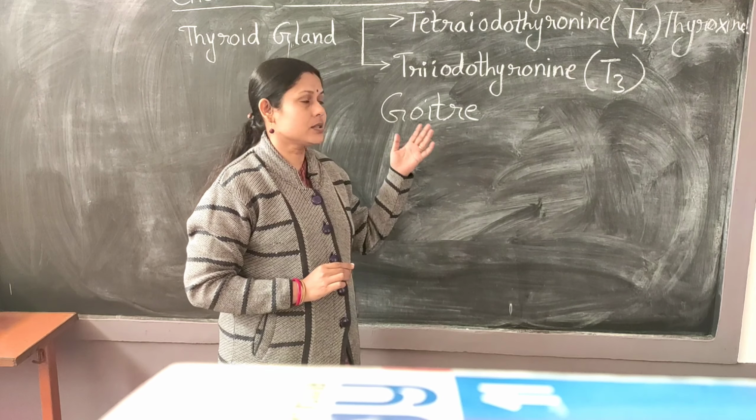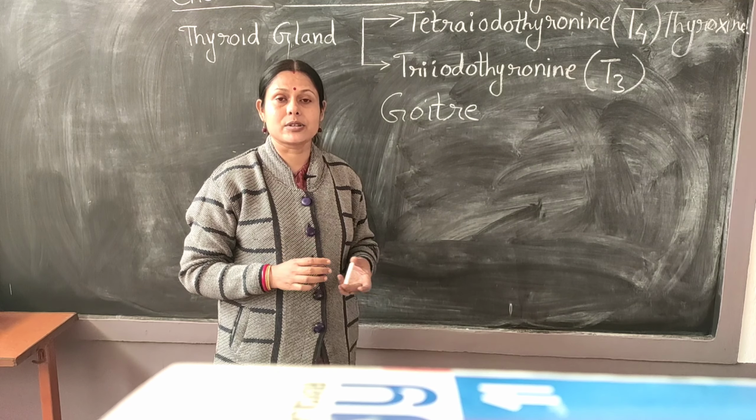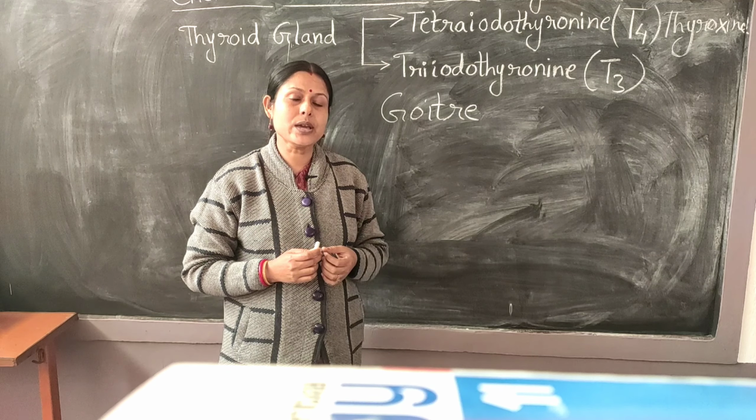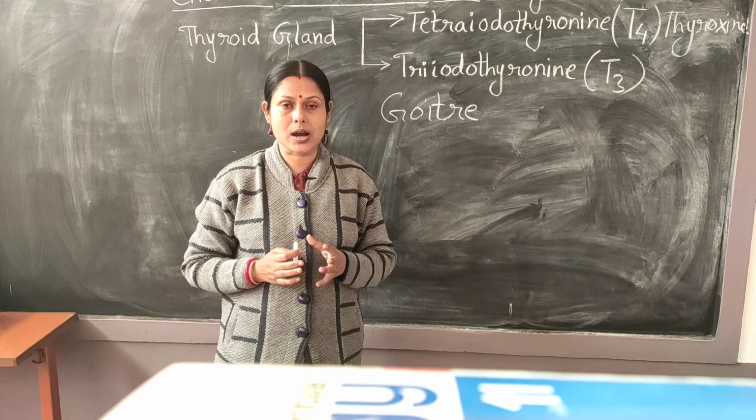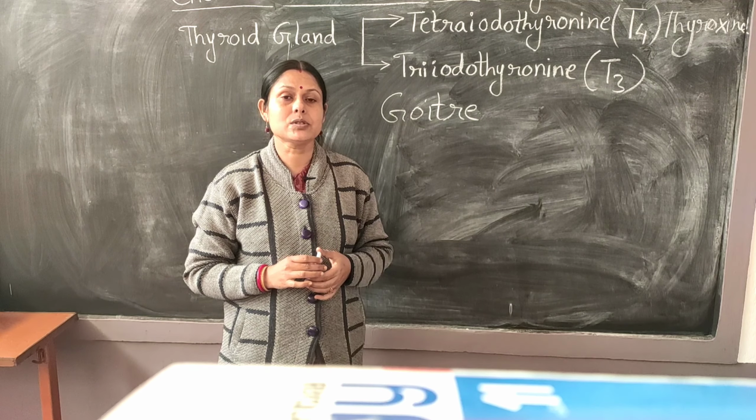And of course, triiodothyronine is also secreted by the thyroid gland, regulating various functions in our body. Now, we have to understand what functions are under the influence of the hormones secreted by the thyroid gland.